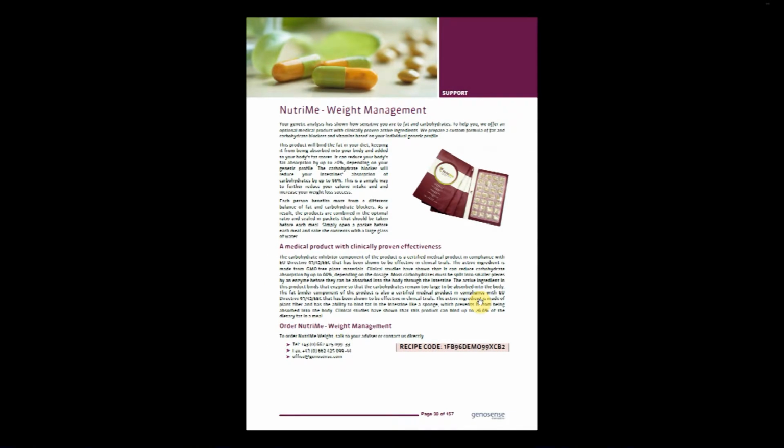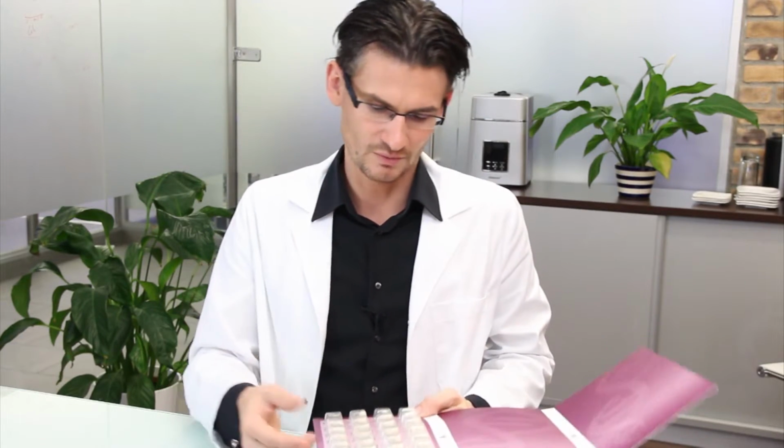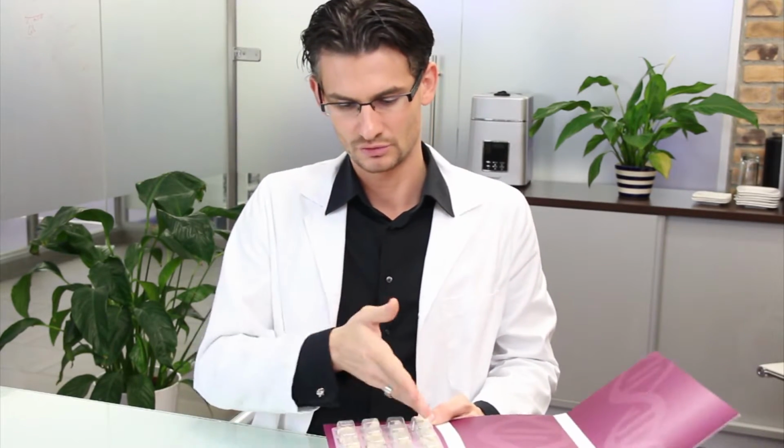You receive this, it's shipped to you, and then you would take one for lunch. So the components with half a liter of water before lunch and one for dinner. Don't take one for breakfast. And recommendations are either to take it during the weight loss phase to lose weight even faster, but also if you have problems with maintaining your weight, every time it goes up a bit, you can take another few of them.